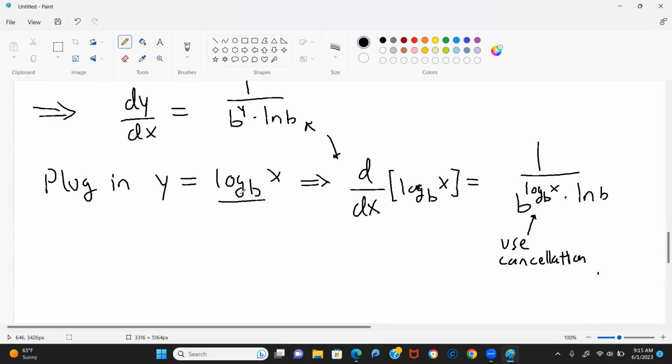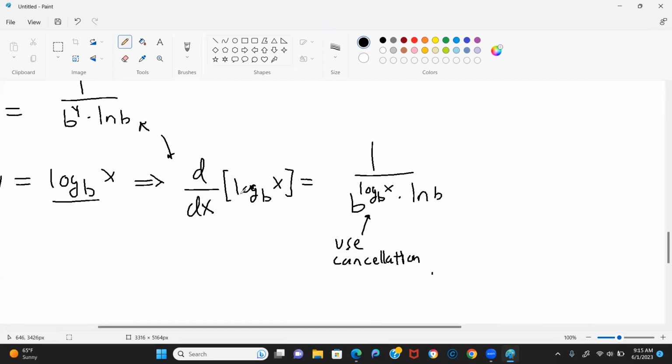So now we're going to use the cancellation property, and we can do that because the log and the exponential are inverses of each other. So the derivative of log base b of x is just going to be 1 over x times ln of b, and that's exactly what we claimed above.